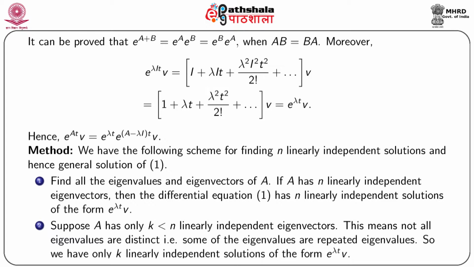But suppose A has only k linearly independent eigenvectors, which is less than n. This means not all eigenvalues are distinct, that is, some of the eigenvalues are repeated. So, we have only k linearly independent solutions of the form e to the power lambda t times v.